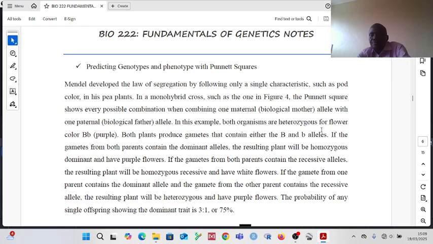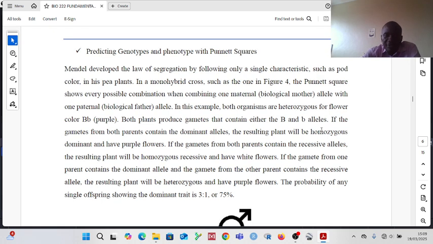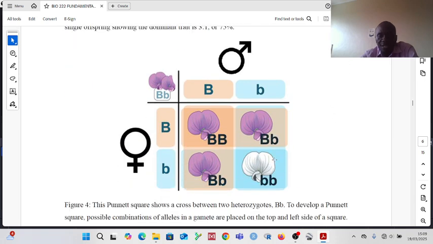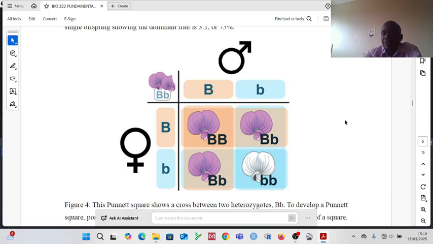So when you talk of predicting genotypes and phenotypes with a Punnett square, I've explained that in figure 3. But here, they want us to use this figure 4 to do an explanation. Okay? They want us to use this figure 4 to do an explanation.